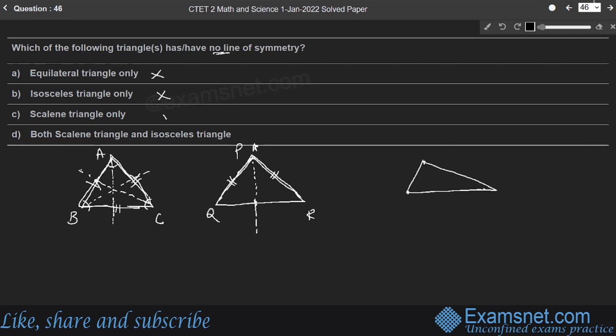Similarly, from the point N, if we draw an imaginary line, it does not divide the opposite side into two equal parts. Therefore, a scalene triangle does not have any line of symmetry. Hence, option C is the right answer.